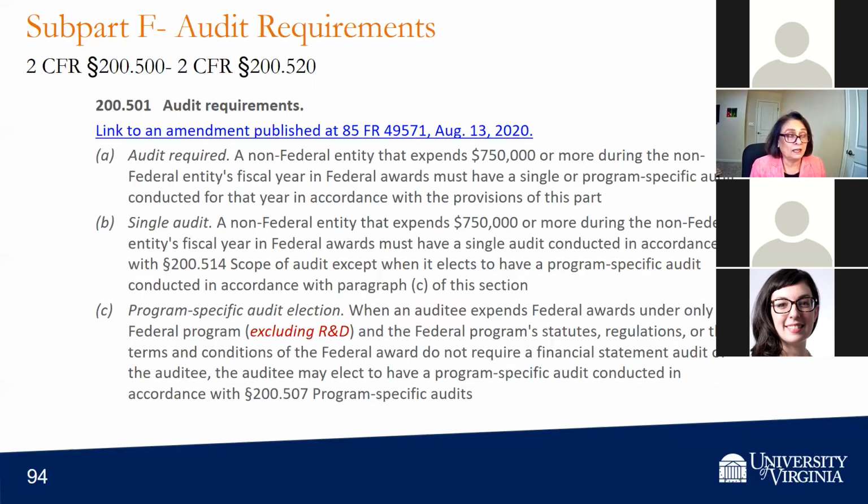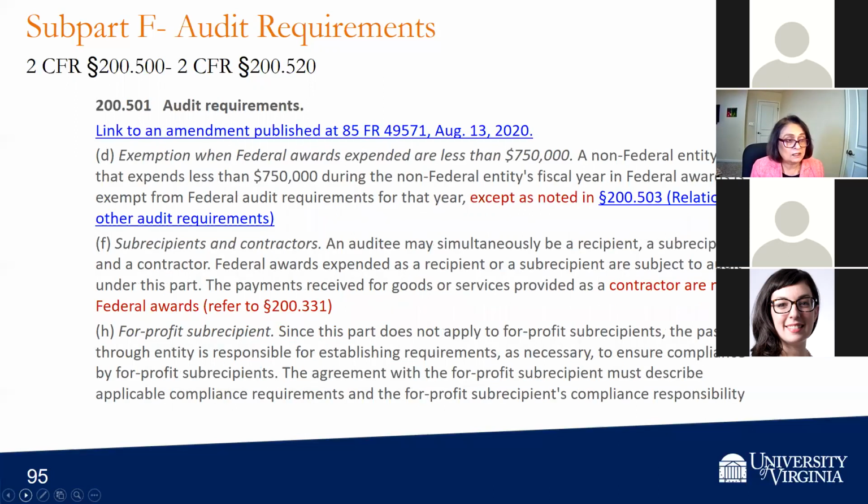So for UVA, the State Department of Auditors are doing this single audit for us and all other Virginia agencies that are spending more than $750,000 federal dollars. Program specific audits are when they just have a couple of programs funded by a federal agency. We fall under this single audit requirement.